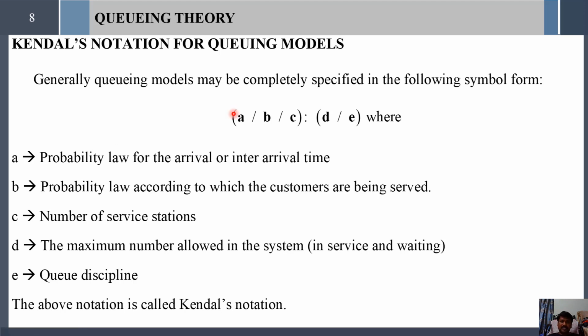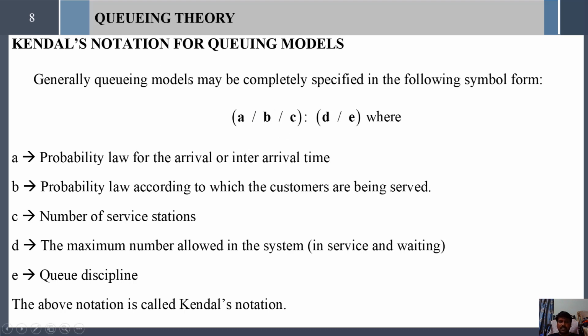Here this first place goes to the probability law of arrival or inter-arrival time. And the second place B occupies the probability law according to which the customers are being served.